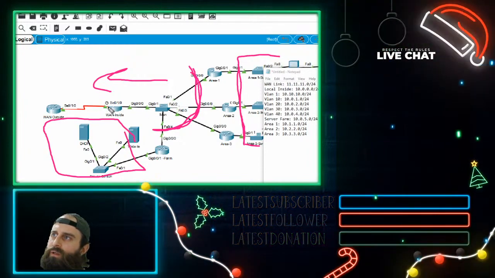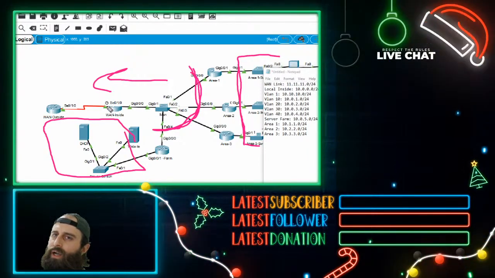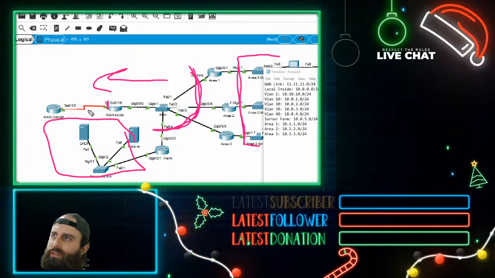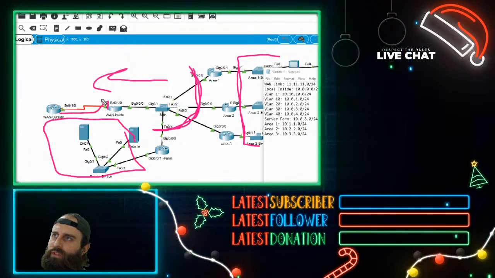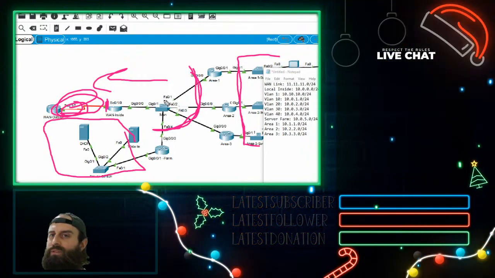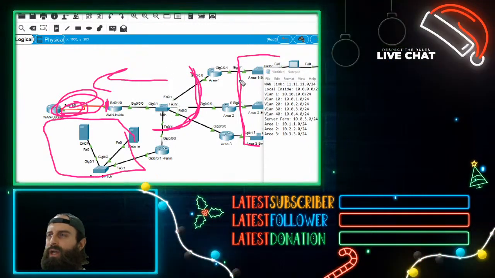This is global inside, and this whole area would be global outside. So global outside, this is global inside. Yes, inside, outside, local outside, local inside. Cool.